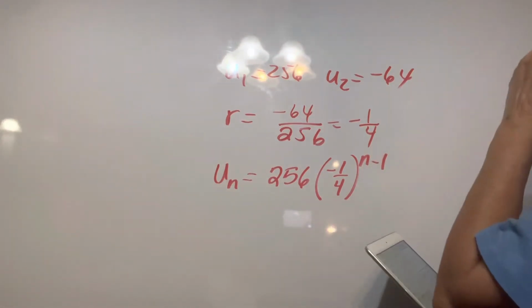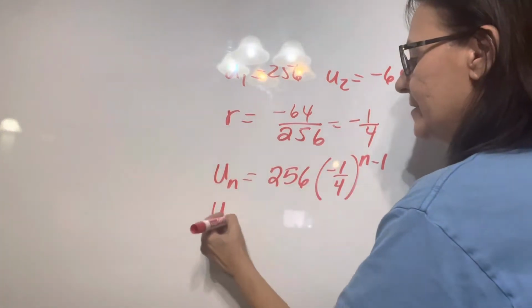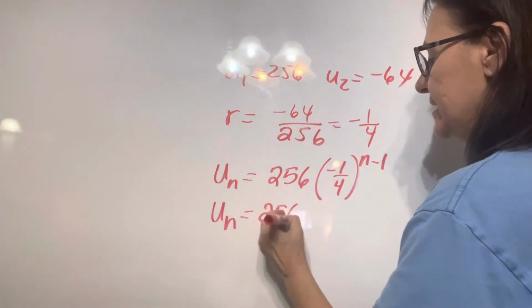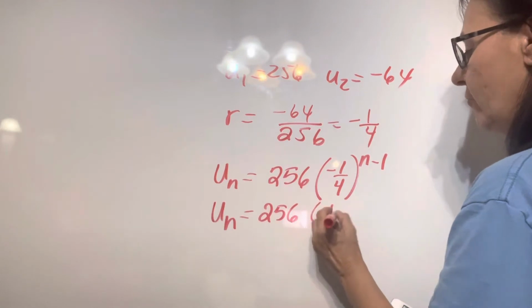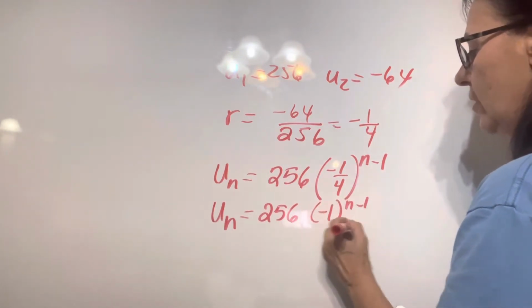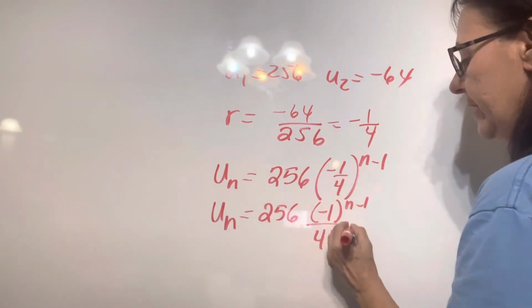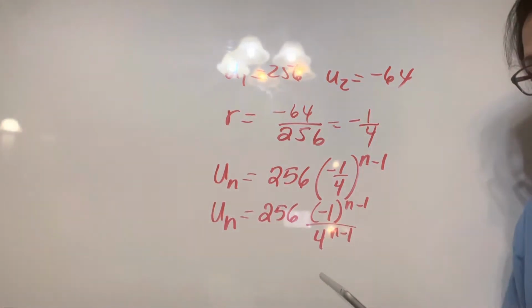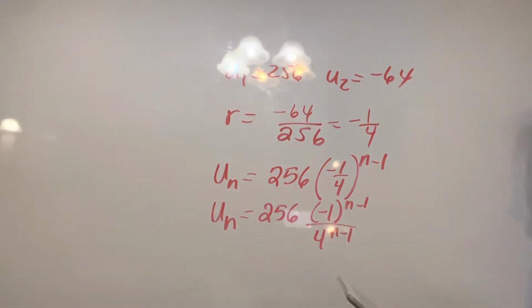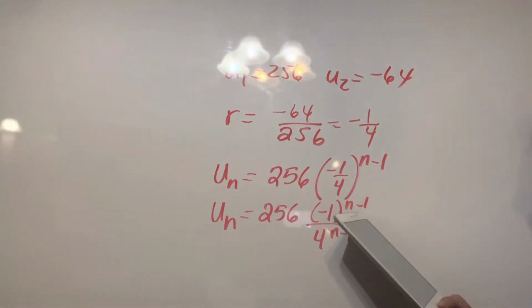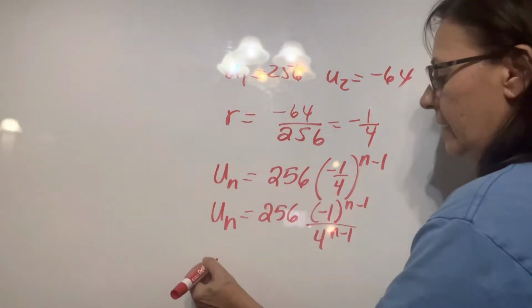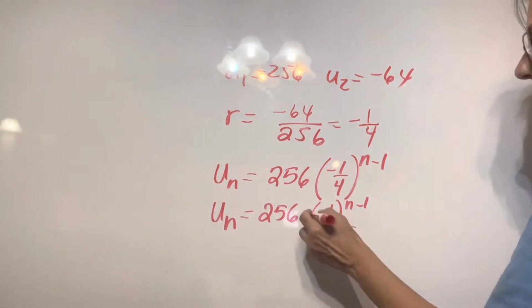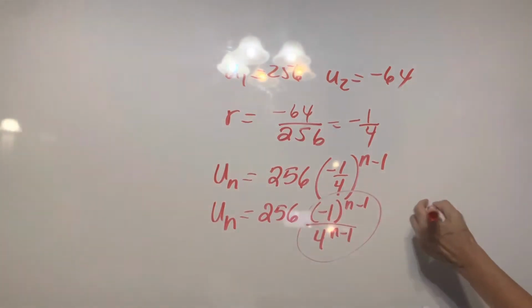That is the same thing as u sub n is 256 times negative 1 to the n minus 1 over 4 to the n minus 1. You have to remember, subtraction is division.